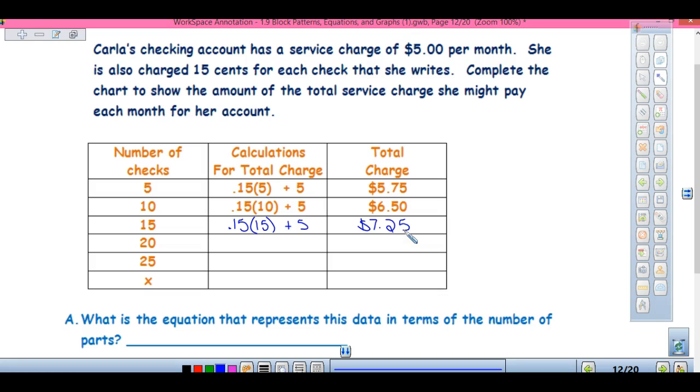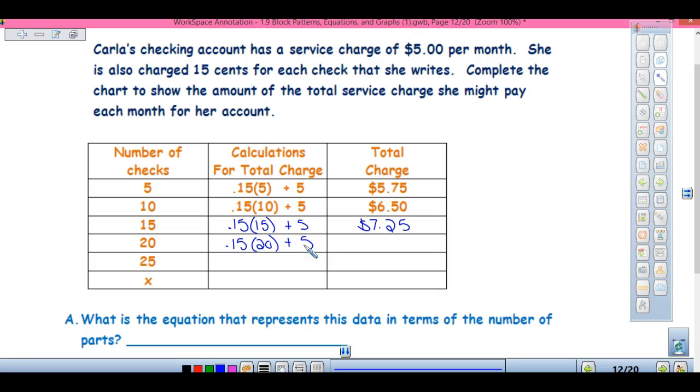Okay, so the next one, what number are we plugging in? 15 cents times 20 checks for just writing checks. 15 cents times 20 checks. How much? $3.